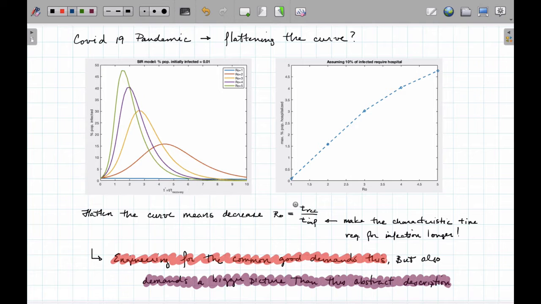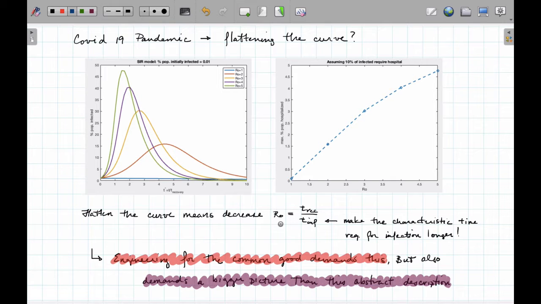So the R0 value, just to kind of get us going, it's the characteristic recovery time over the characteristic time to spread the infection. And so a very large R0 means that the recovery time is long and the infection time, the time required to infect someone, is short, and that leads to a very severe pandemic.